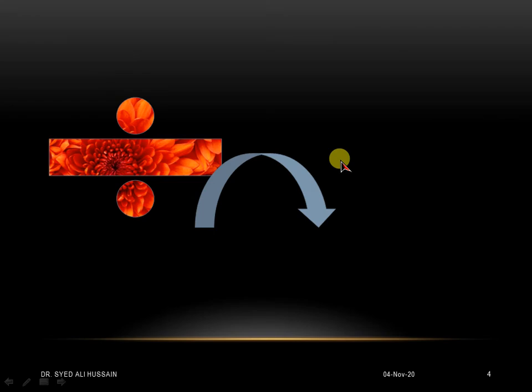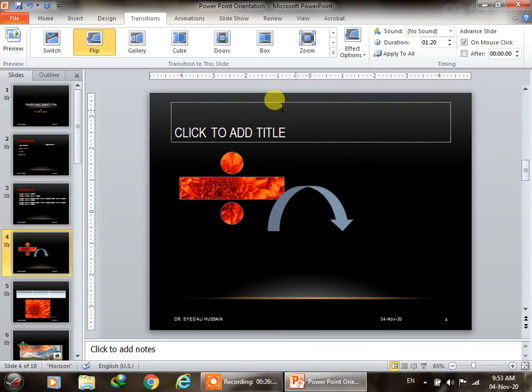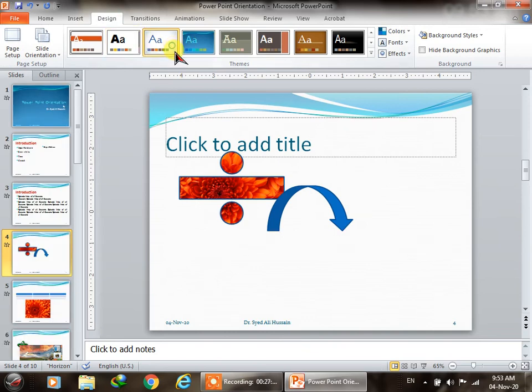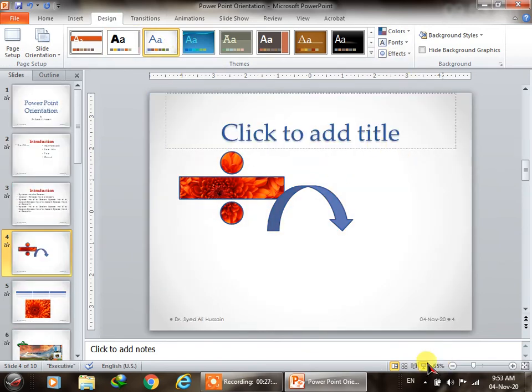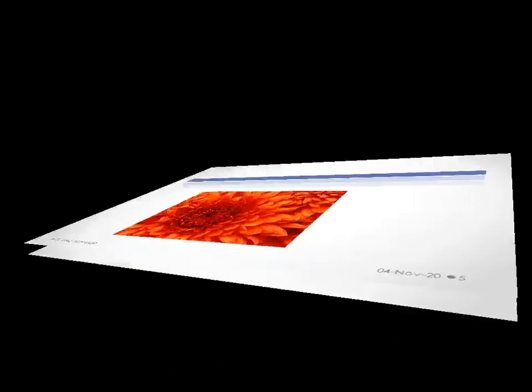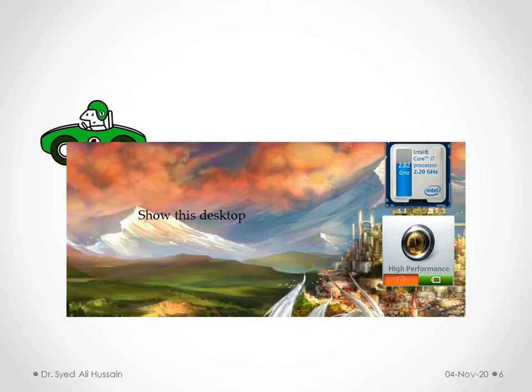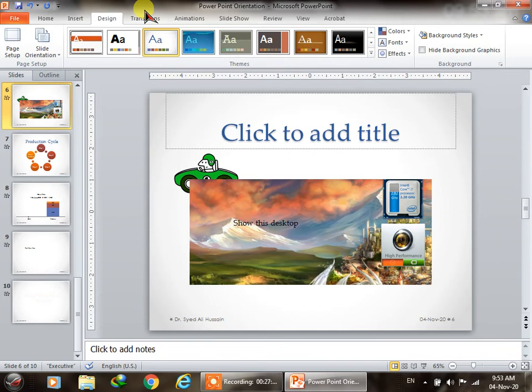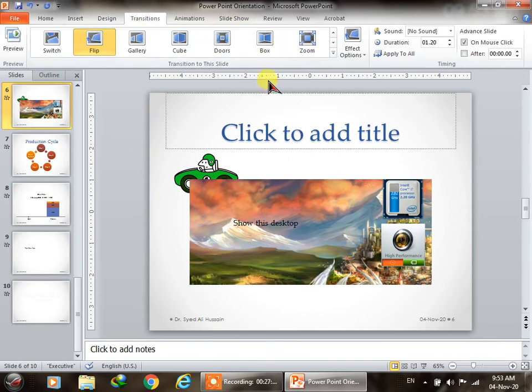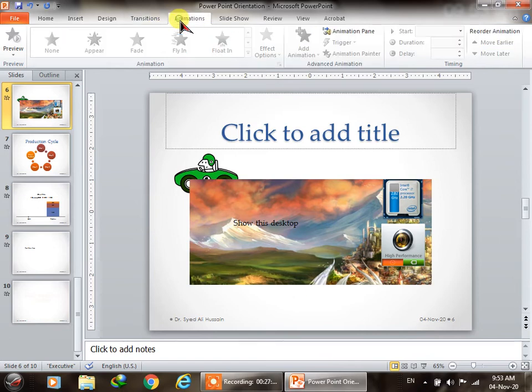So it adds some beauty, and let's say we do it again. Now you can clearly see how it's moving. These are all transitions. You can add effects, duration, sound, anything.